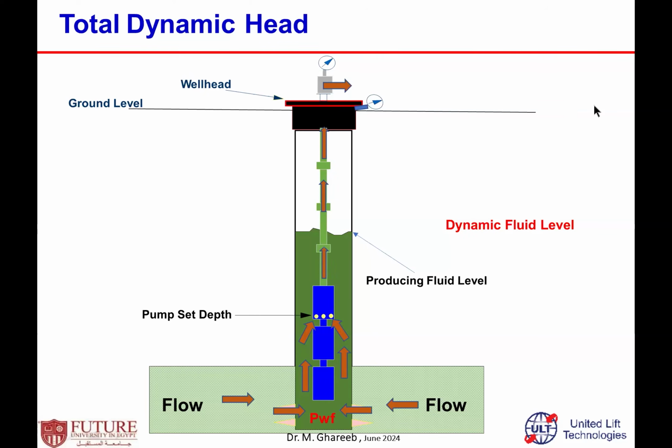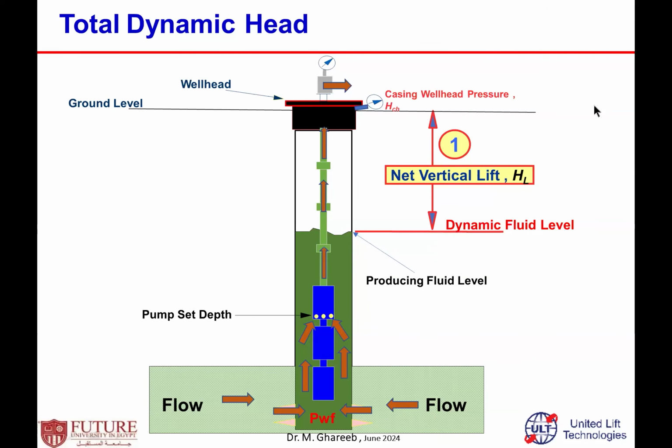What does that mean? That means the total dynamic head is equal to, first of all, the dynamic fluid level. According to the bottom hole flowing pressure and the production, the fluid will go up to a certain level inside the well, and if there is no flow, the pressure will equalize down to this depth.